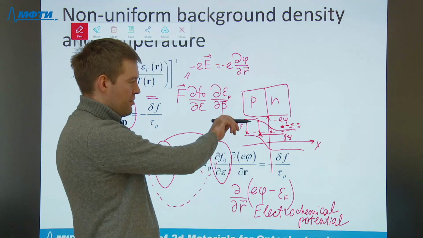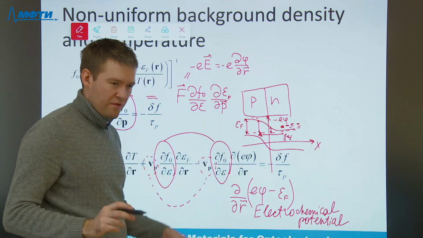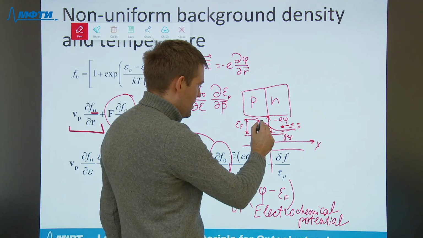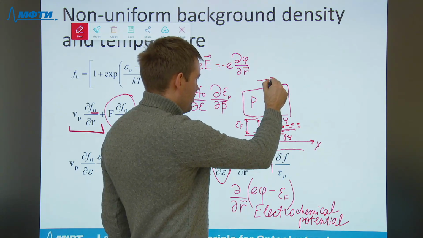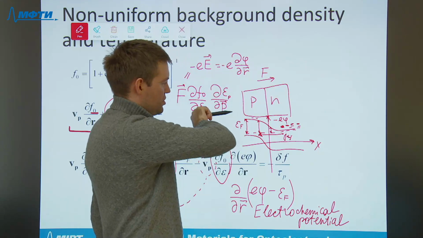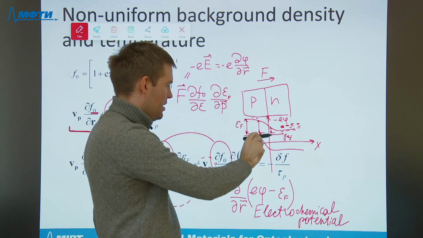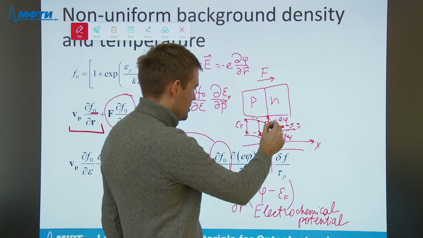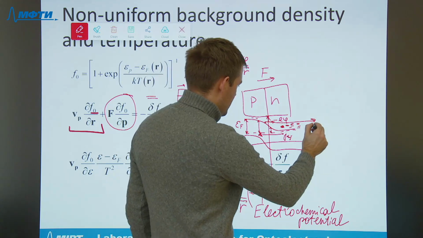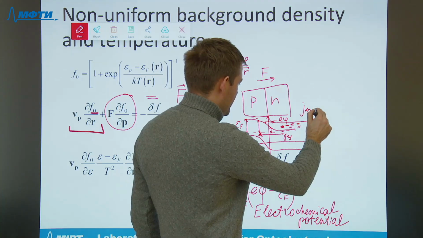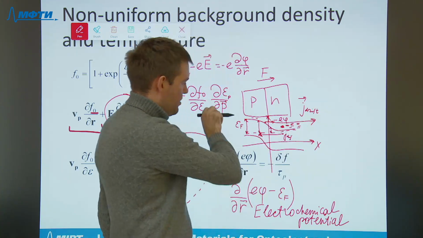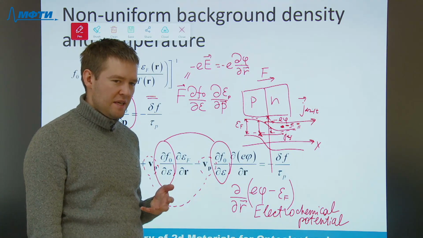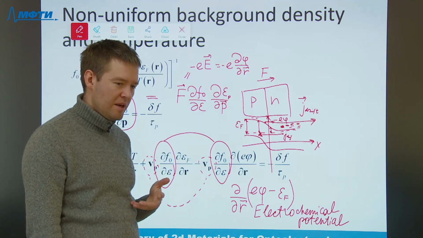And due to electric force, electrons want to get down from the mountain. The electric force is directed toward the downhill, and the drift flux, this flux is called drift, would be directed toward the right, from the mountain downhill. These fluxes would exactly compensate each other in the equilibrium.